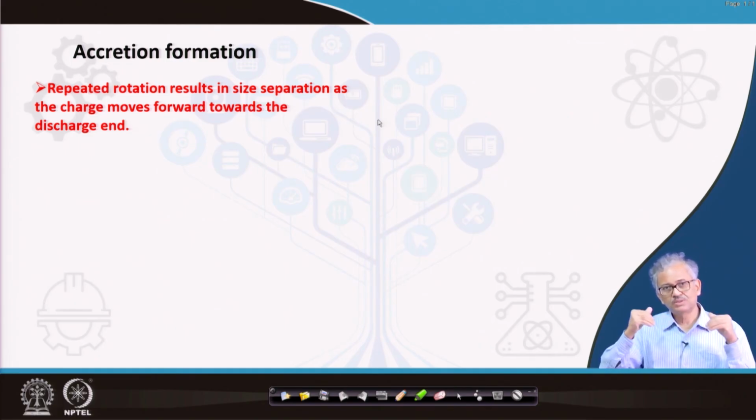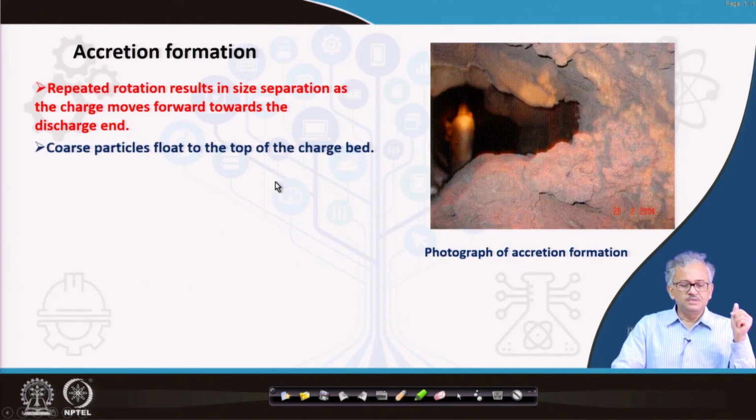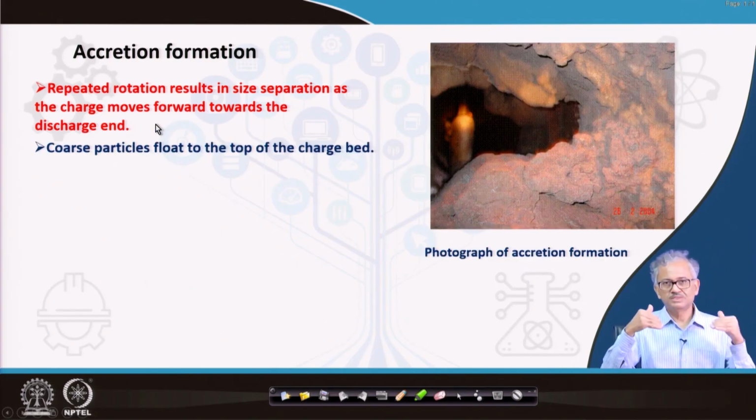Accretion formation is the major problem in the rotary kiln process. Repeated rotation results in size segregation. As the charge moves forward towards the discharging gate, there is size segregation, so fines try to accumulate on the wall and the coarse on the free surface.